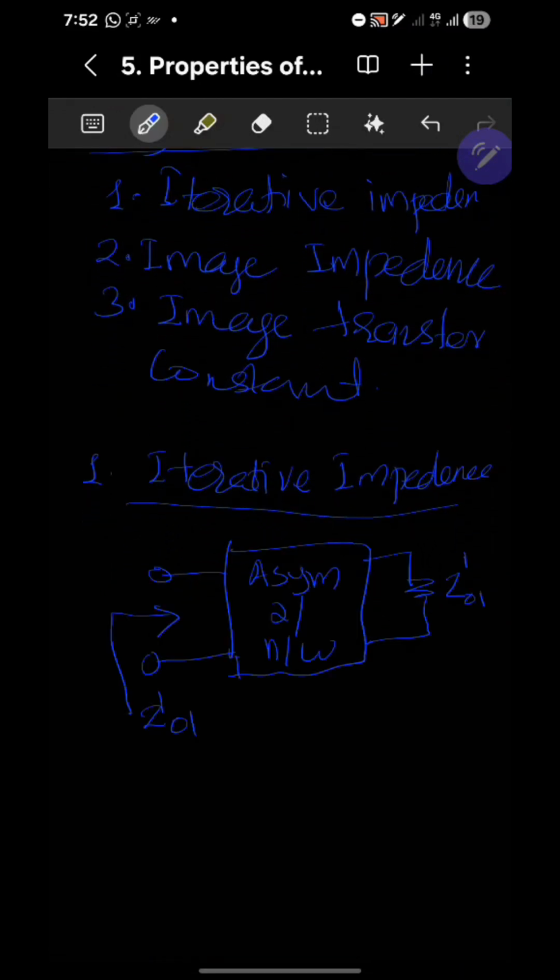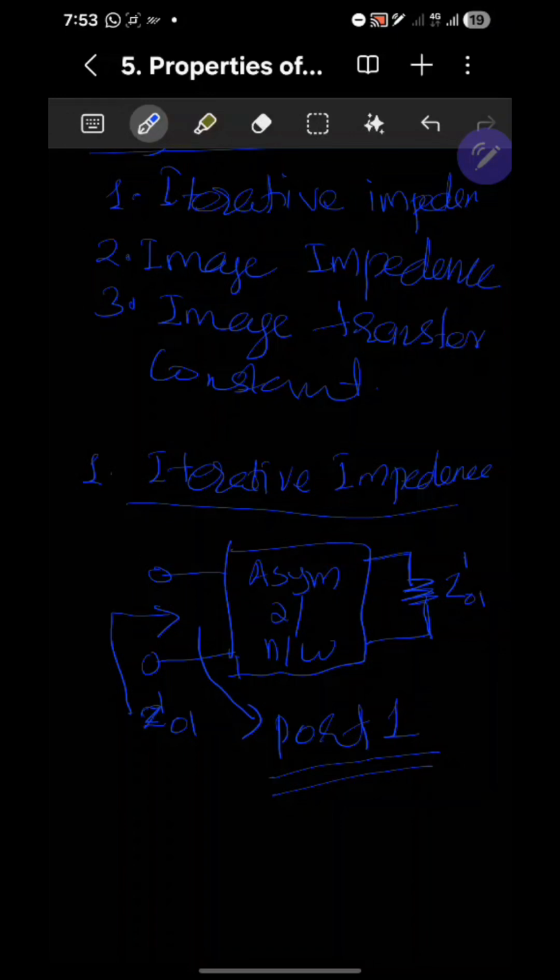The iterative impedance is an impedance if we are terminating the output terminal of an asymmetrical network with, let us say, the impedance Z dash 01, and if you are looking from the input side, we are seeing the same impedance Z dash 01, then this Z dash 01 is the iterative impedance of port 1, because we are looking from port 1.